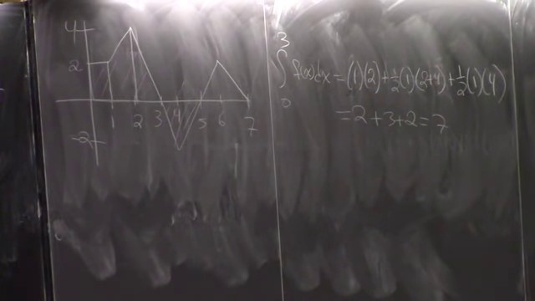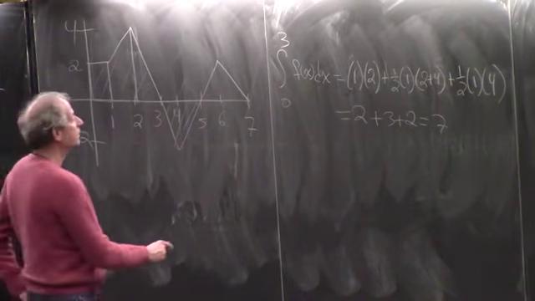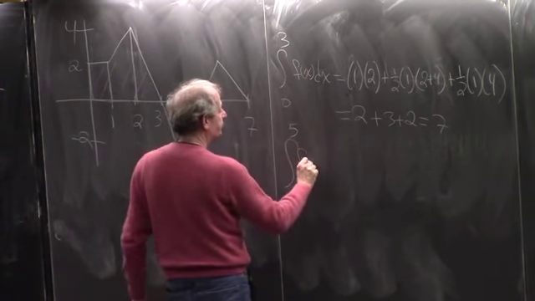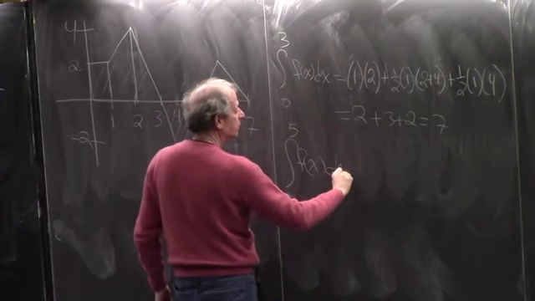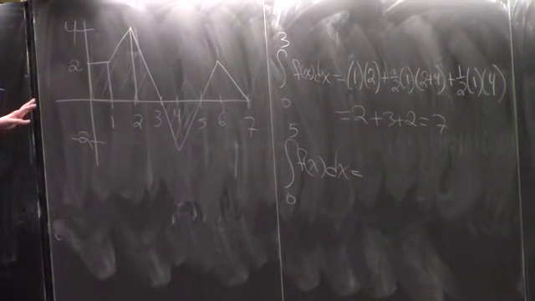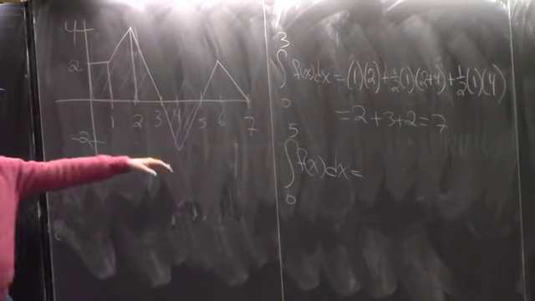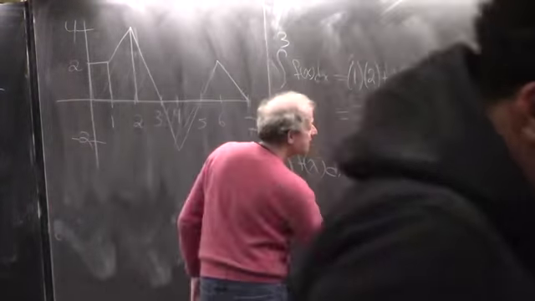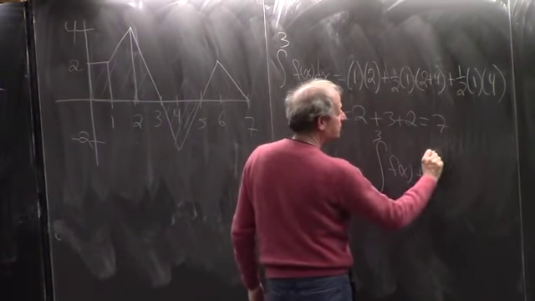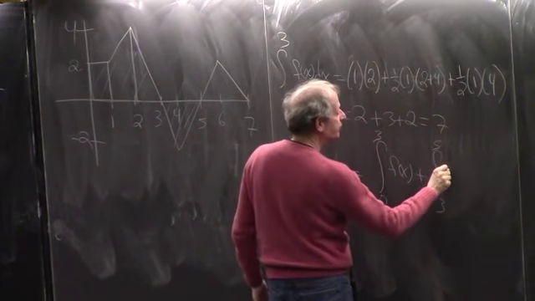But now what if I want to do the integral from 0 to 5? Well, we have a couple of things we already know from 0 to 3. So one thing you can do is say it's going to be the integral from 0 to 3 plus the integral from 3 to 5.